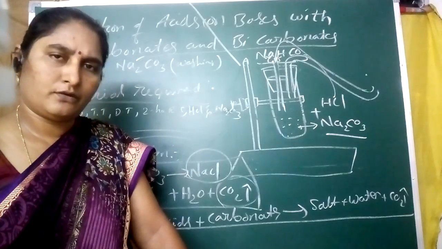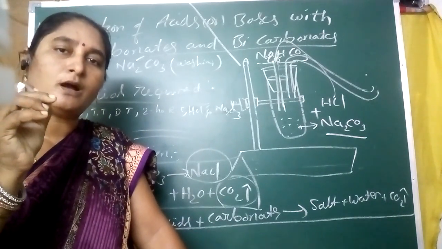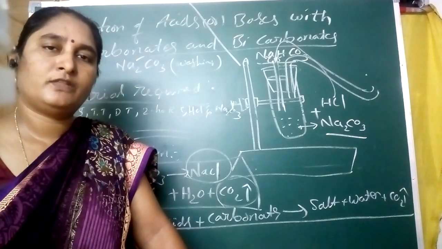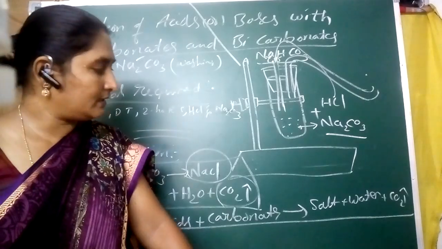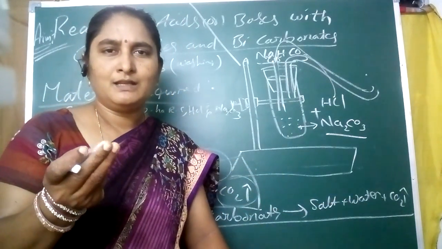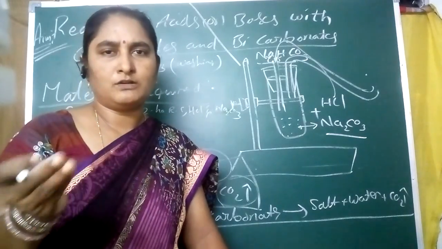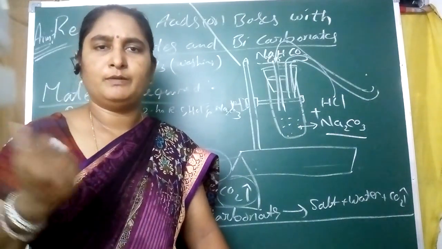Observe after a few days, then what happens? Some water drops will be formed on the sides of the container. We can observe it clearly. That means we can see that water normally, and white colored precipitates also form above the washing soda, and carbon dioxide will be evolved.